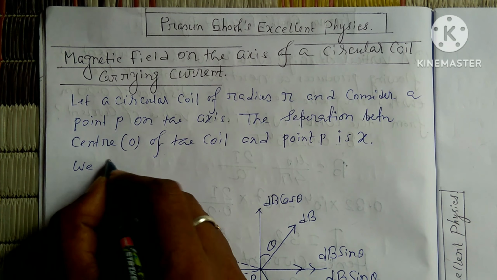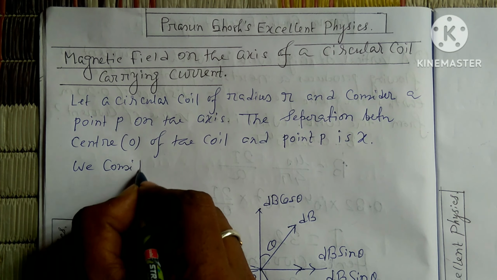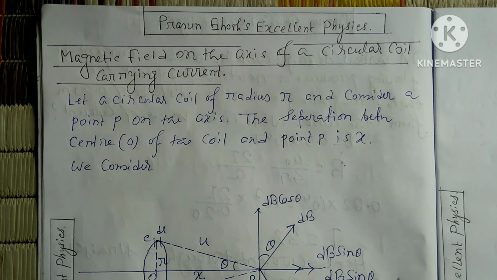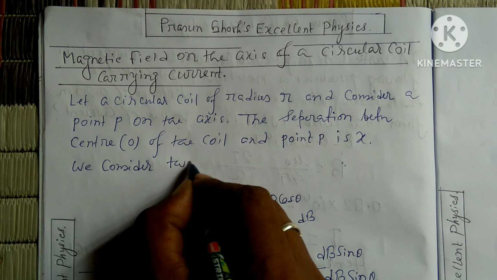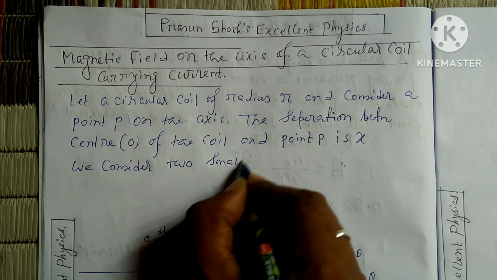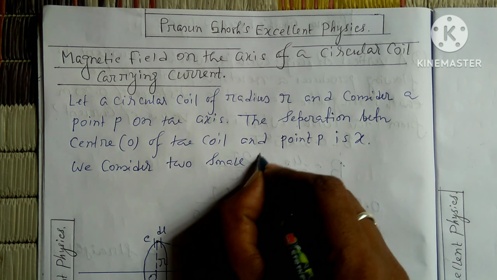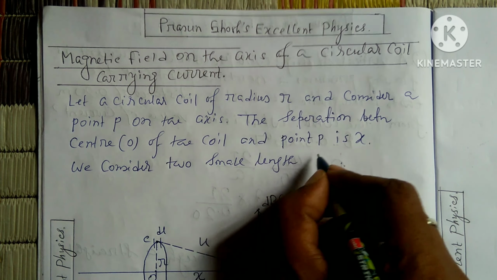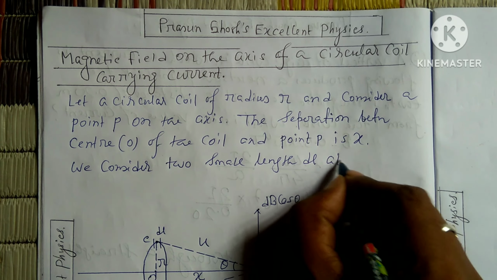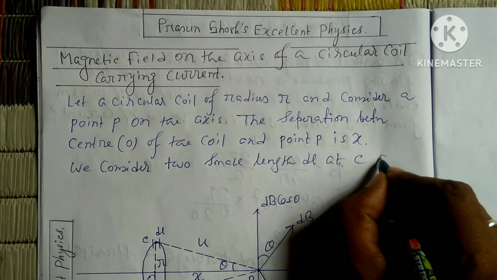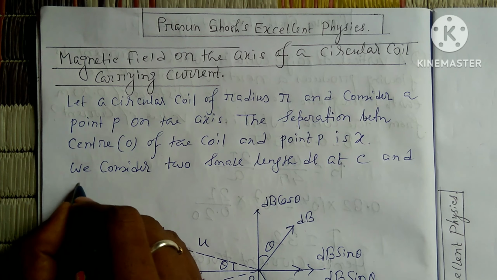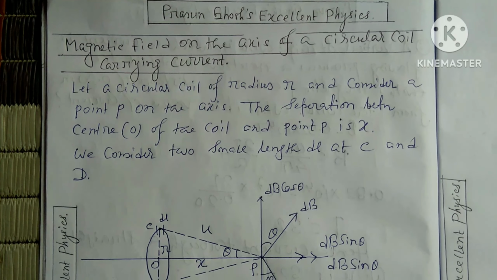We consider two small lengths, that is dl, at C and D.